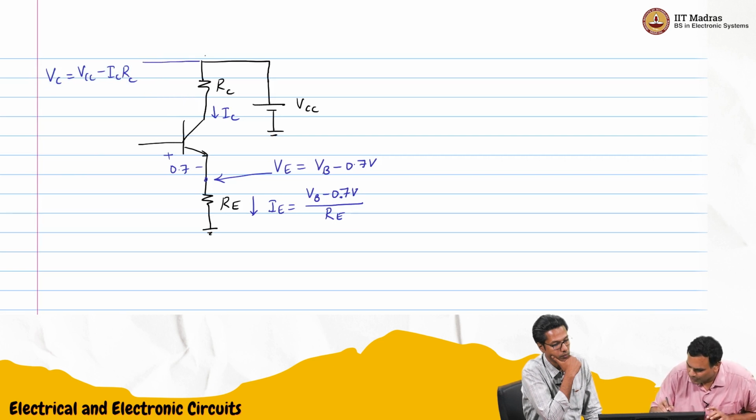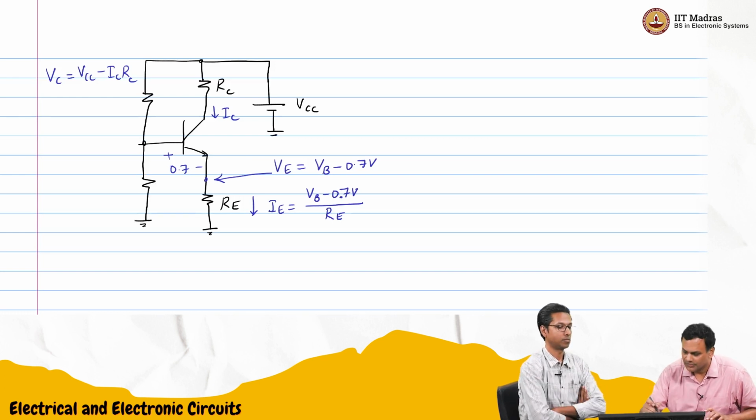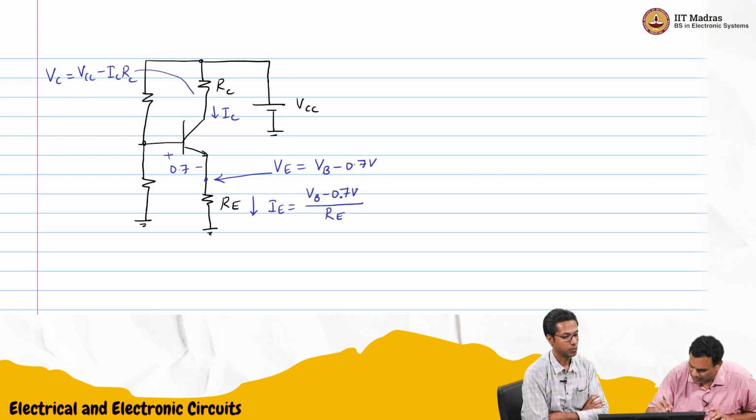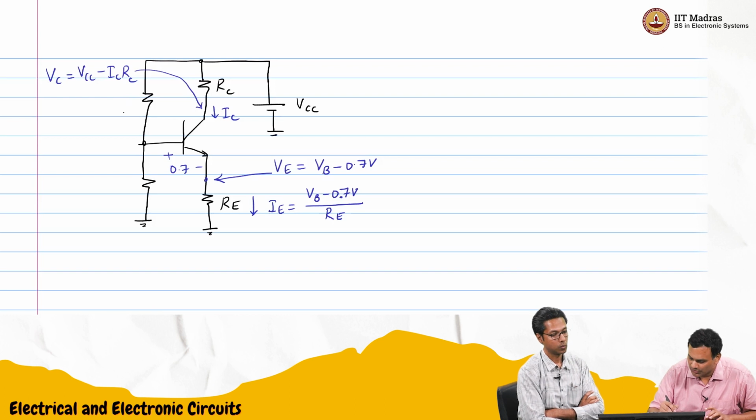So VCC, resistive divider, and this one is the collector voltage. So now maybe R1 and R2.